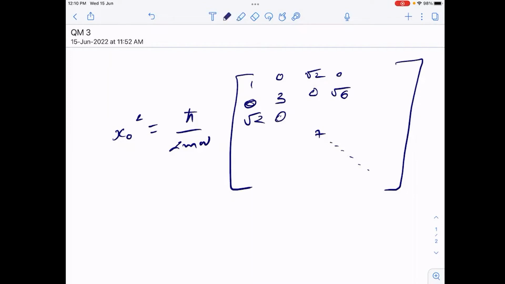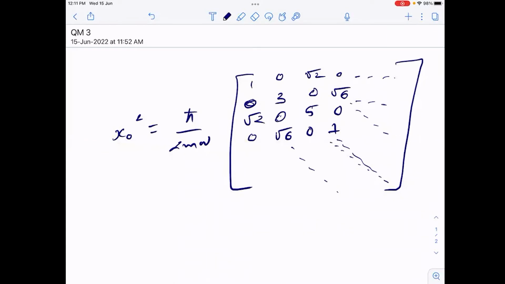It's not otherwise perfectly diagonal. 5. Here 0, root 6, 0, 7, 0, and so on. I hope you all are now getting it. So yes, that equation is correct. You just need to put in the values and you will get the matrix.